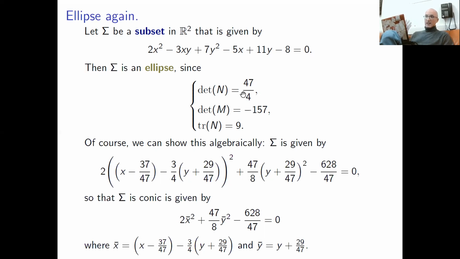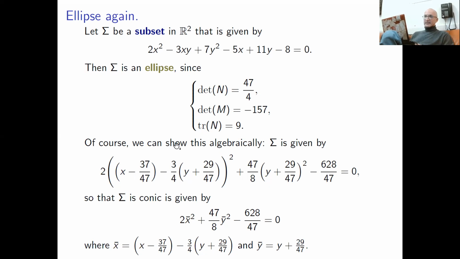So you use the criterion which I described two slides ago, and you get that this is an ellipse. Again, if the determinant of the 2 by 2 matrix is positive, it highly likely means that this is an ellipse. But there is a possibility that this is an empty set, like an imaginary ellipse. To get rid of this case, you have to use the trace of matrix N and compare it with the sign of matrix M.